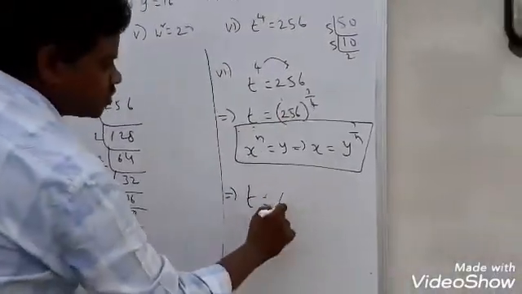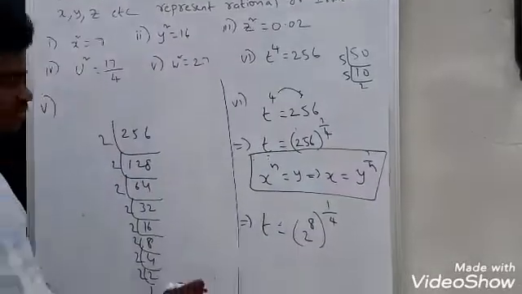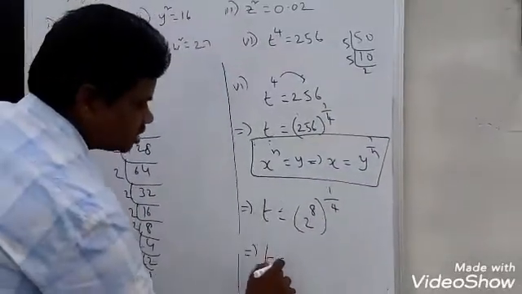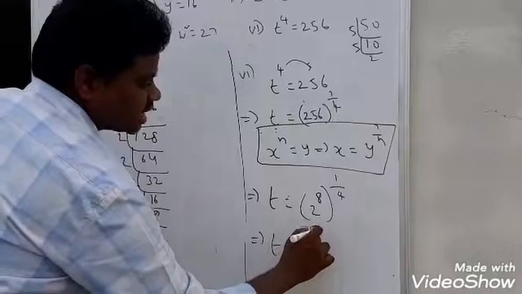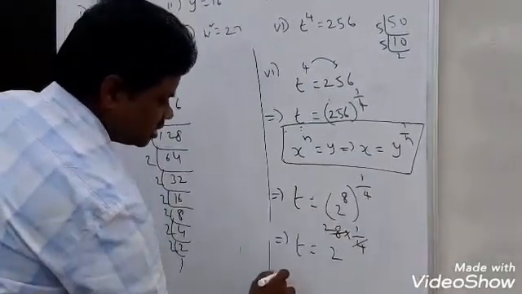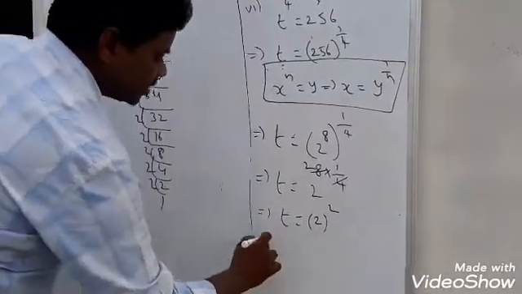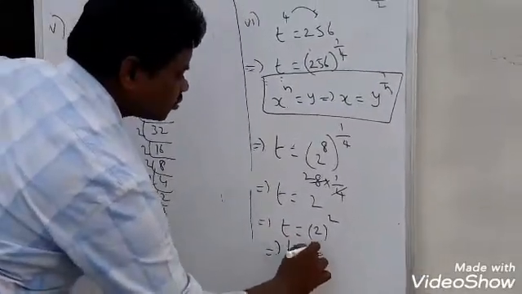That means 256 can be written as 2 power 8 whole power 1 by 4. That implies t is equal to 8 into 1 by 4, so 4 times 2. That implies t equal to 2 square, so t equal to 4.